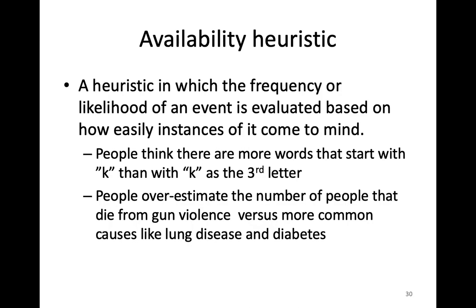So because it's much easier to imagine somebody dying because of gun violence, because it's much more available and it comes to mind because we see it on the evening news, we overestimate how frequent that cause of death is versus the more common but less available to our mind causes of death like diabetes or pneumonia.